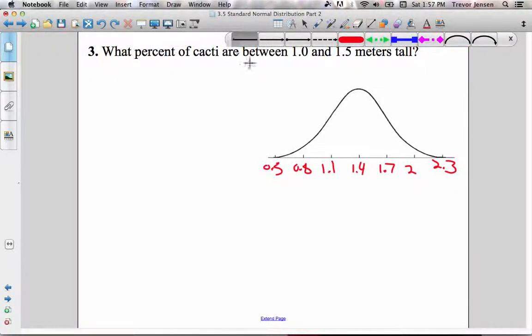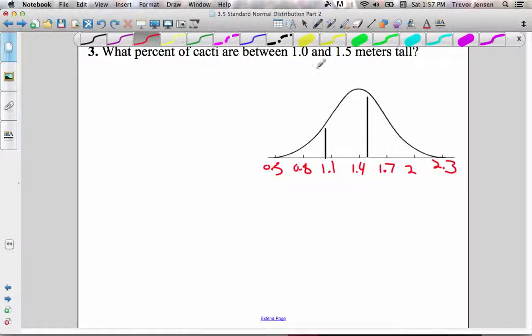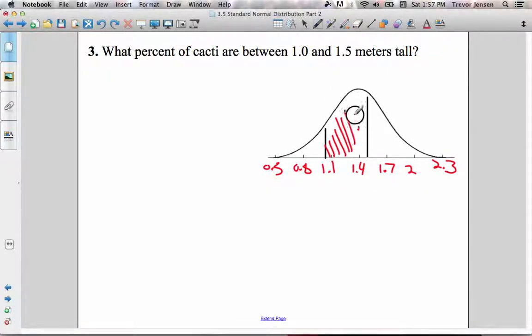So 1 is roughly here, and 1.5 is roughly here. I want the percent of cacti that are between those two heights, so I want the area between those two x values. So here is x equals 1. Here is x equals 1.5. I want the area between those two.